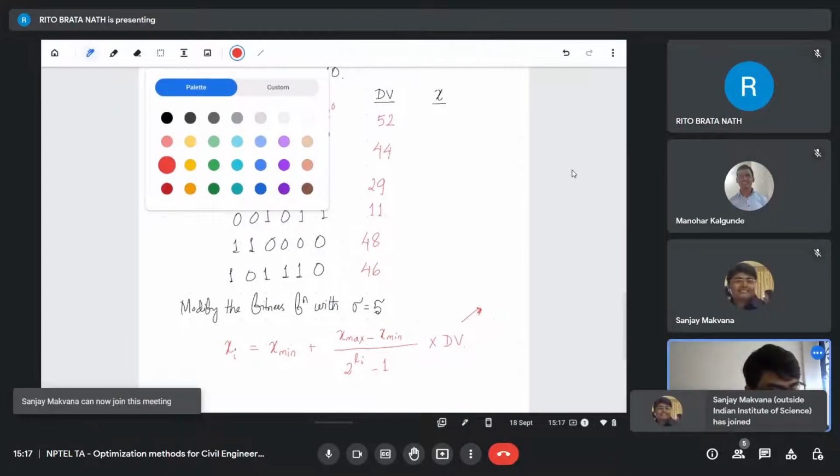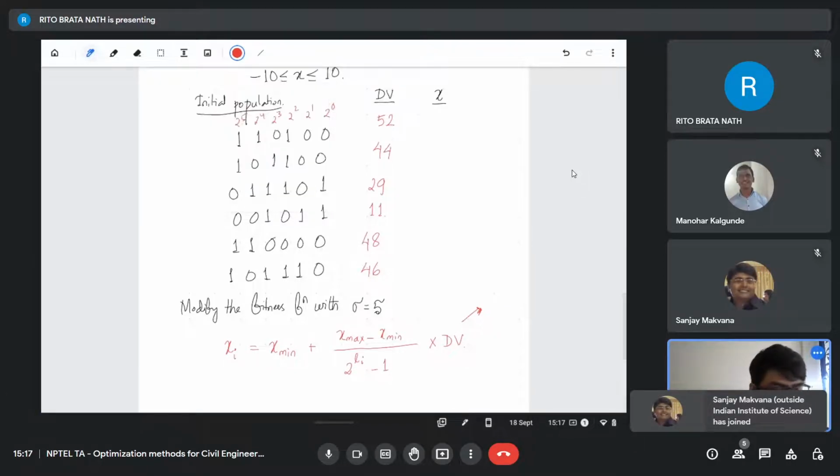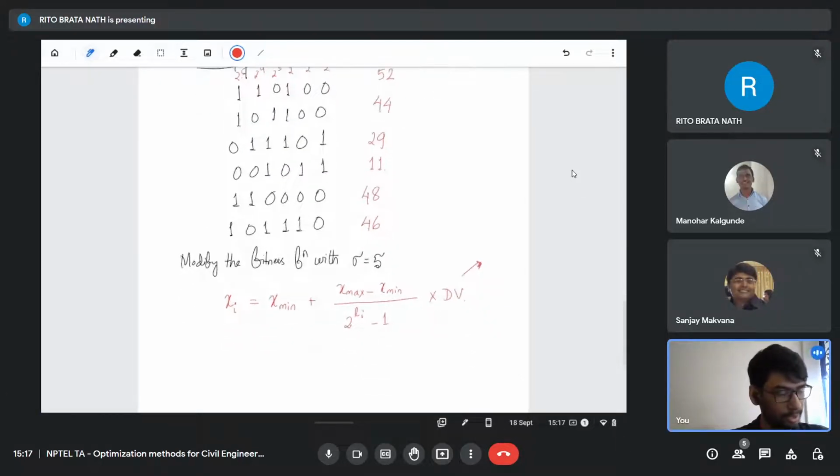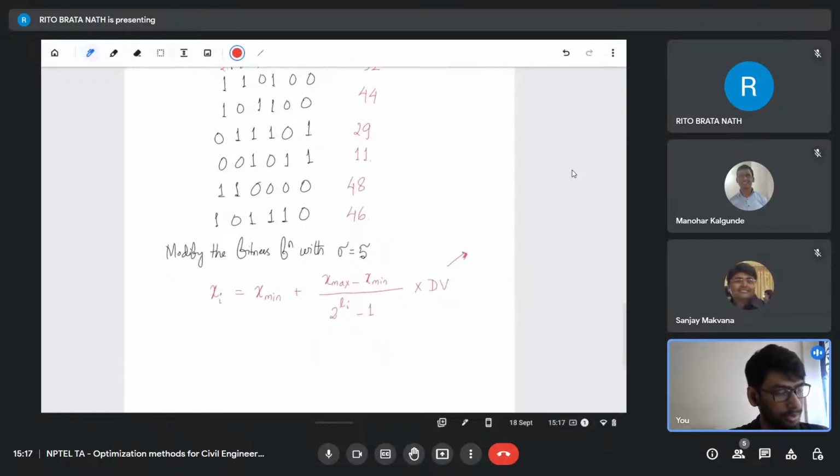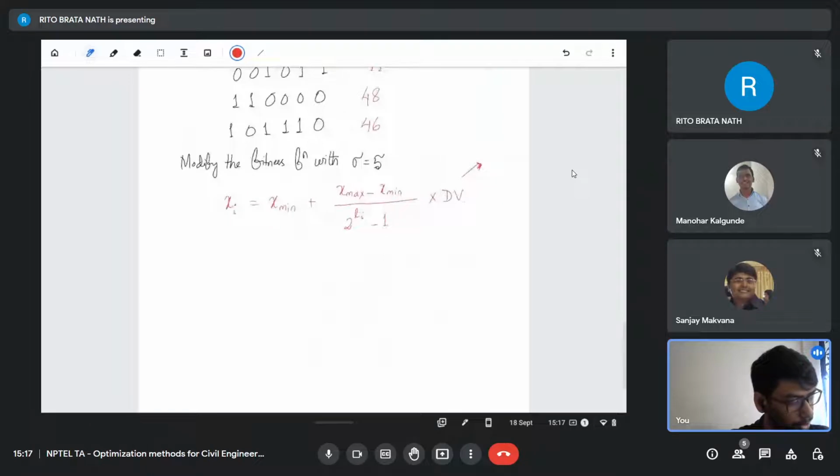Okay, so I have this decoded value. Now what I have to do is convert it into x values. First, you can notice this portion is common to everything. You will just replace the decoded value in everything and you get the corresponding x. This x min is also the same in everything. So let's try and write a simpler expression for this.